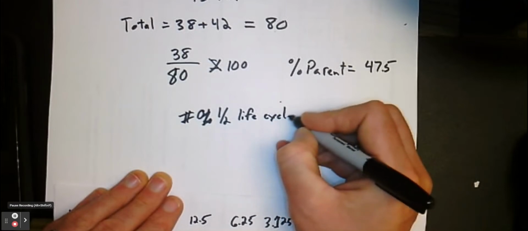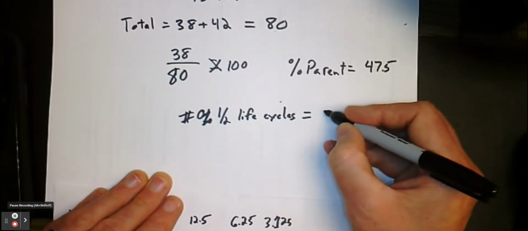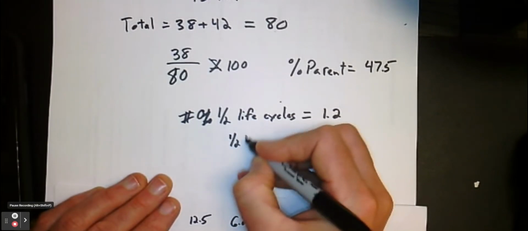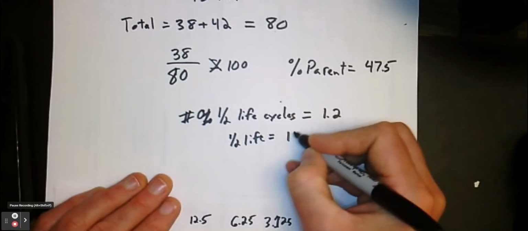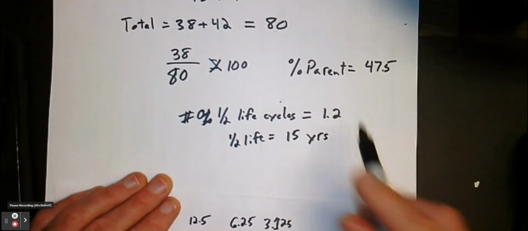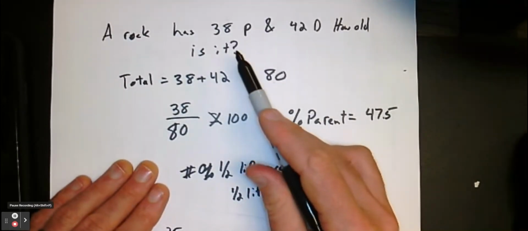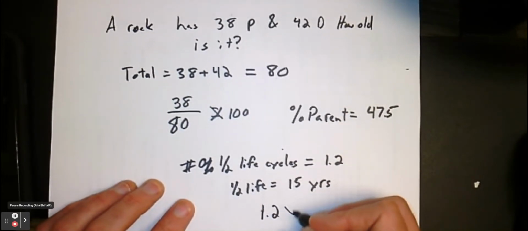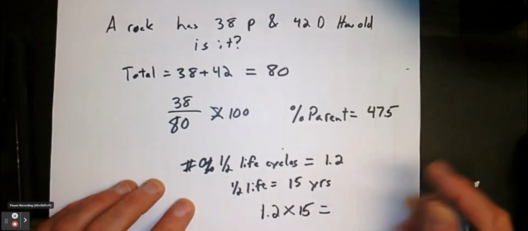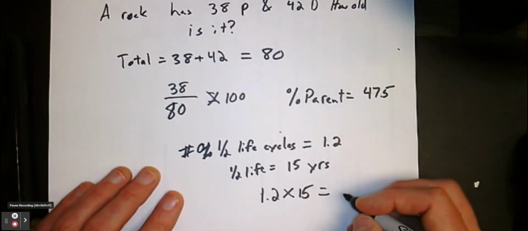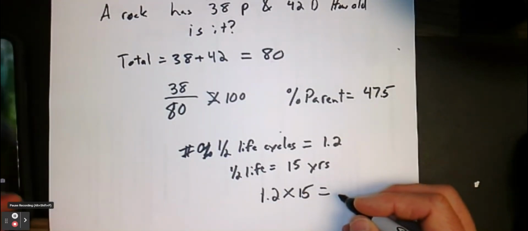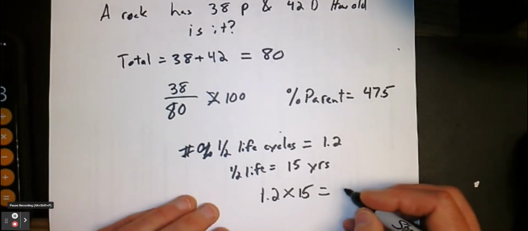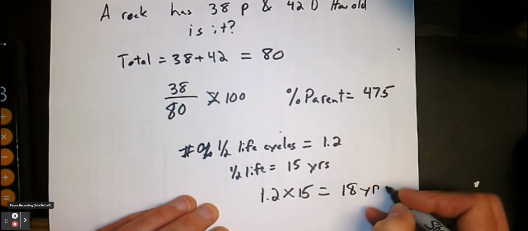Cycles equals 1.2. And then let's just say my half-life is 15 years. It should have been given in the problem. Then I would multiply 1.2 times 15, and I'm going to get like 17 and change, so about 18 years.